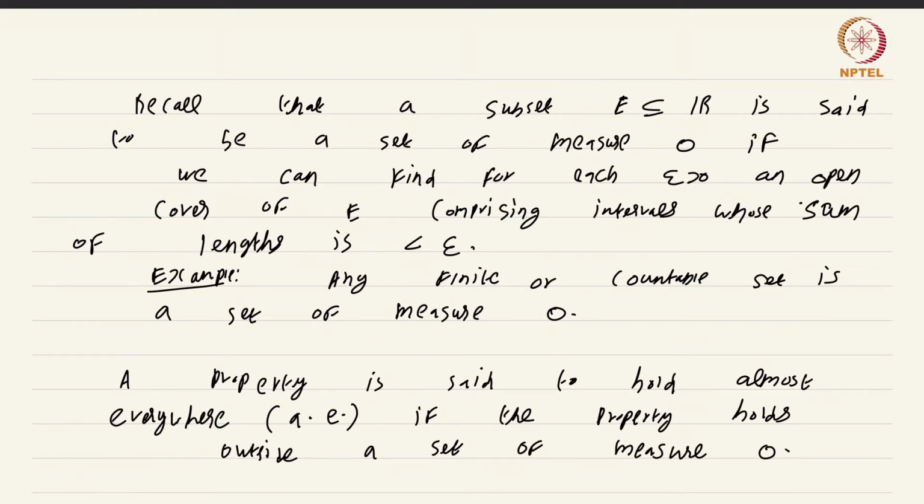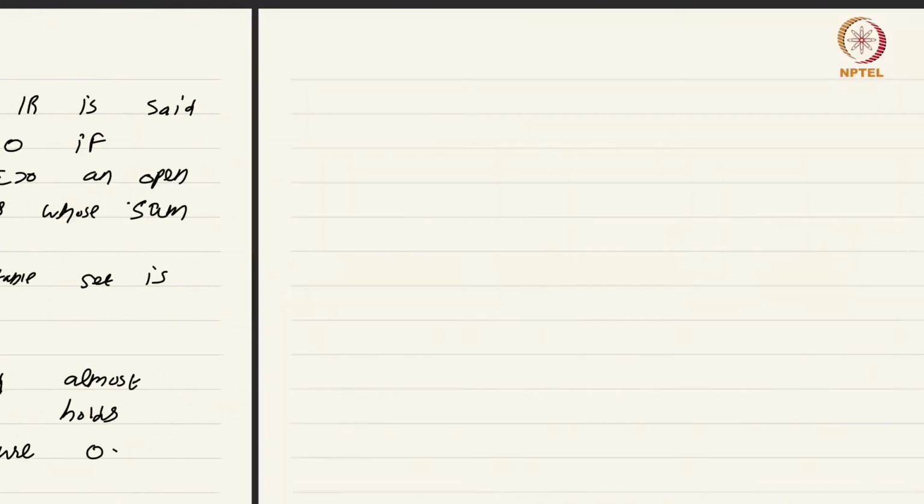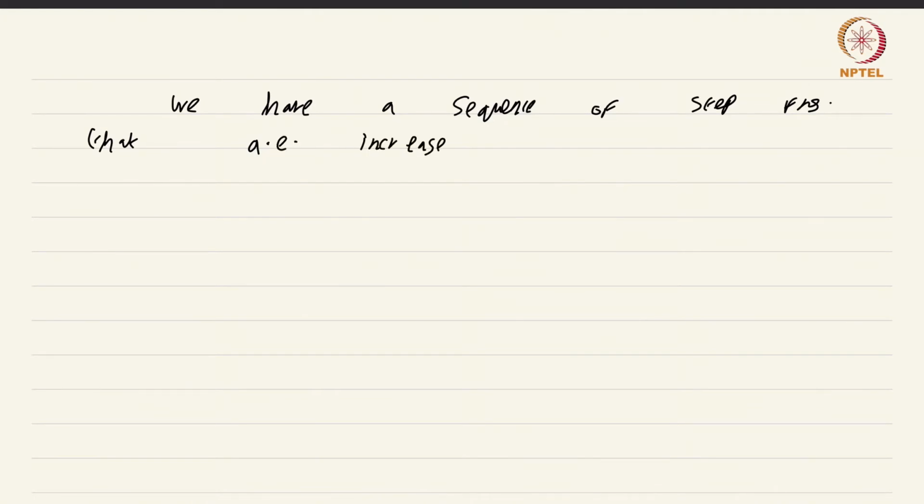The property that we are interested in this particular video is sequences. So we have a sequence of step functions that almost everywhere increase to a function f, or decrease. That is, these are functions that are monotone except for a small negligible set.